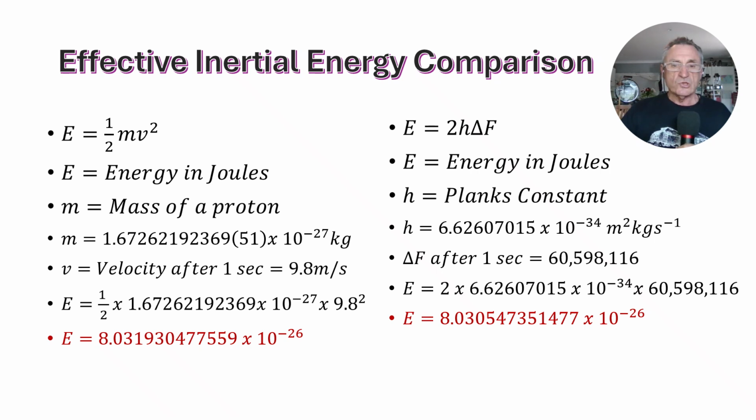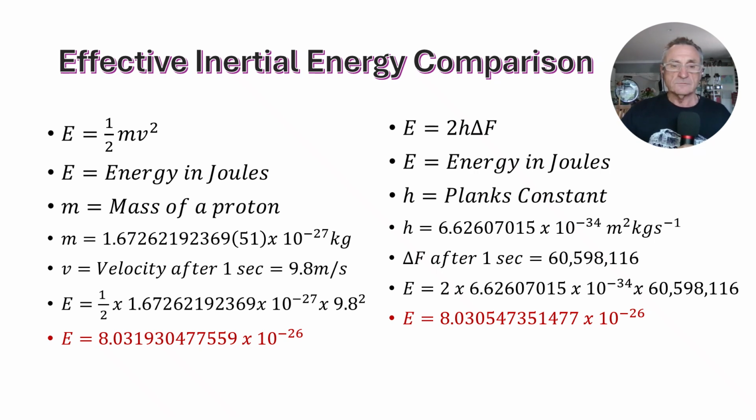Effective inertial energy comparison. Simply put, here we show that E is equal to half mv squared is equal to E is equal to 2h delta F. That is, the effective kinetic energy after a 1 second freefall at Earth's surface is equal to the change in kinetic energy with regard to frequency after a 1 second freefall at Earth's surface.